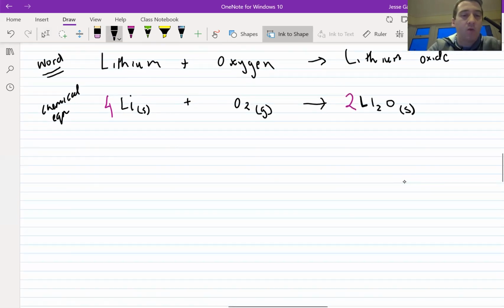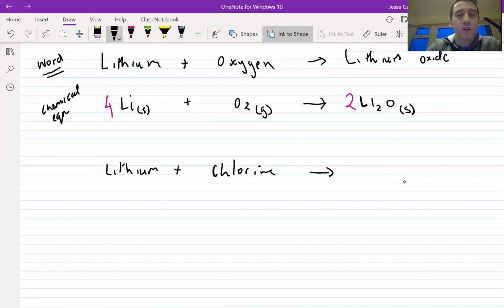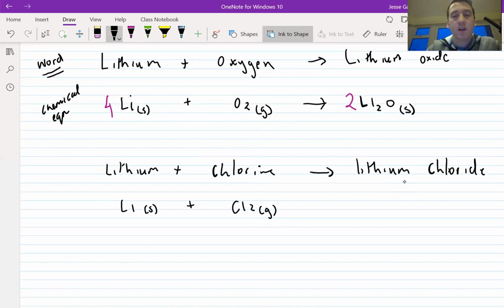Between lithium and chlorine, the word equation is going to be lithium plus chlorine gives you lithium chloride. Well done if you got that much right. The chemical equation then: Li, which is a solid, plus chlorine, Cl2, which is a gas, it's another diatom, gives you LiCl, so a 1-to-1 ratio, which is a salt and it dissolves in water, so it's an aqueous solution.